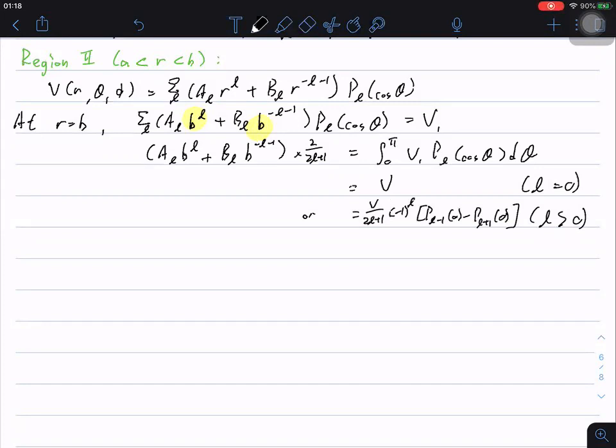Okay, and also similarly, at R equal to A, I just write down the form here. Again, you substitute R equal to A here, and again perform the integration.